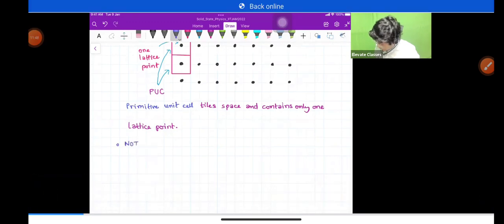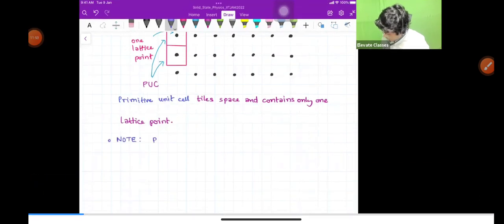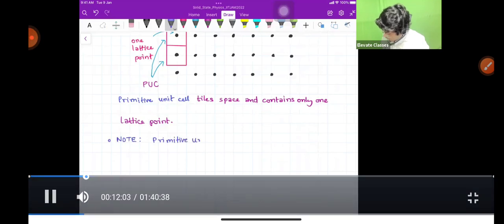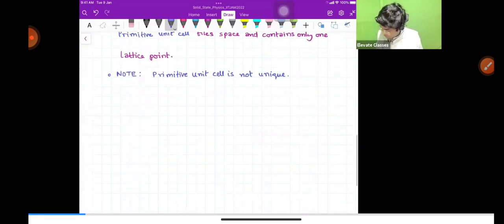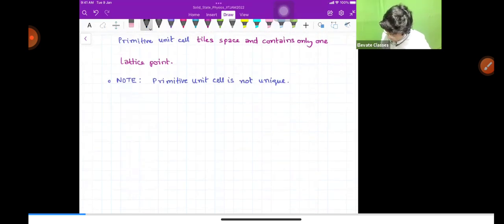Note, primitive unit cell is not unique. You can have multiple primitive unit cells for a single crystal structure, periodic structure. All right. So I'll give you some examples of structure.